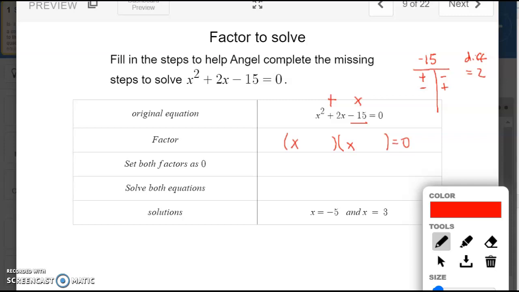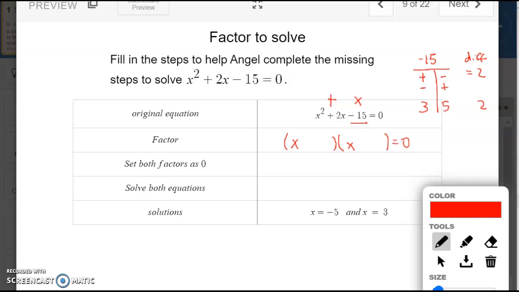What are those two factors? Well, 1 and 15, the difference is 14, so that's not going to work. But 3 and 5, if I subtract 5 minus 3, that's going to be 2. So that is my combination.